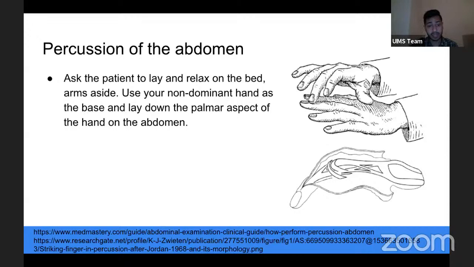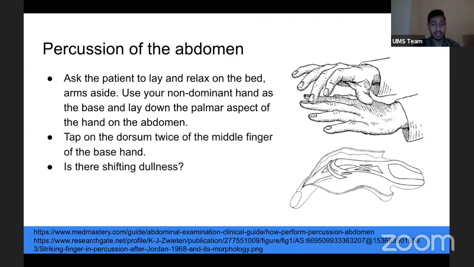Tapping during percussion can also cause the movement of fluid, so it's usually a wise option to percuss every single region of the abdomen.